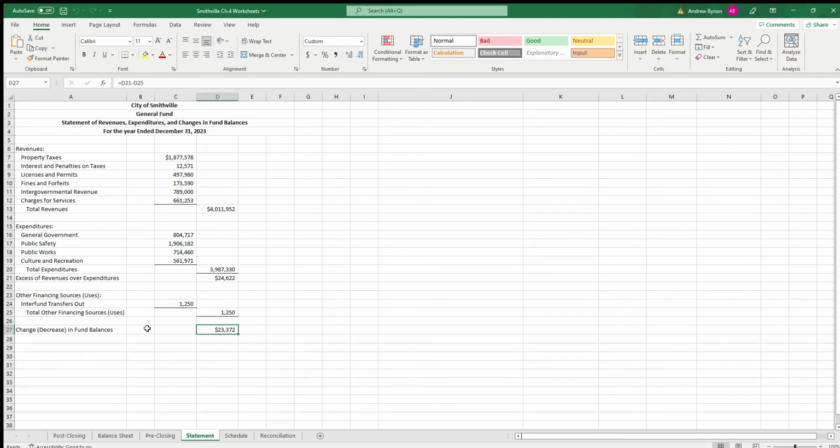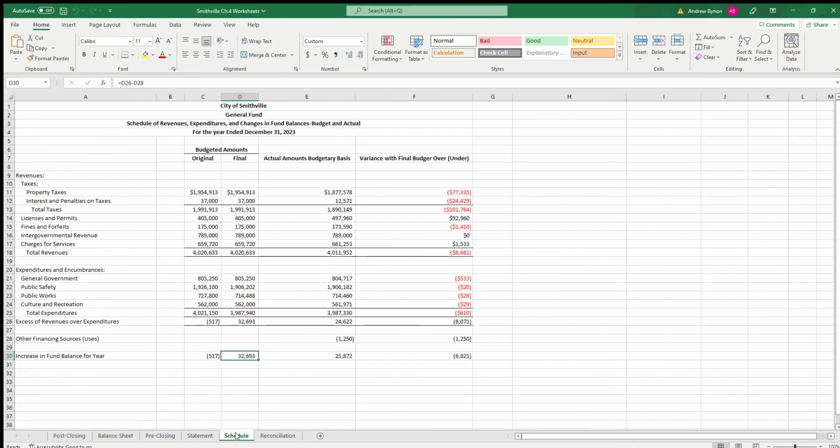Subtract that, we get our total change in fund balances. In other words, we have more revenue. The point is, our resources are in a good state as far as this is concerned. We kept more revenues than we expended, or resources.